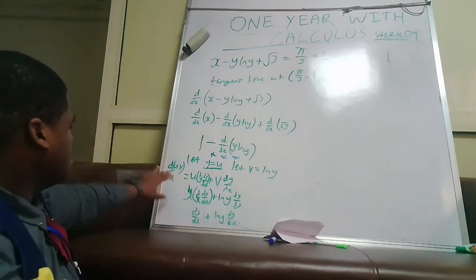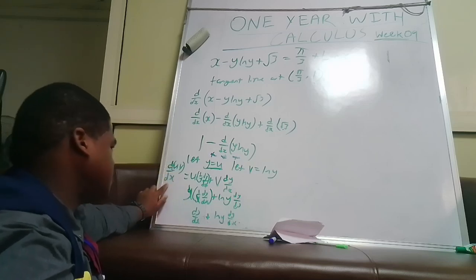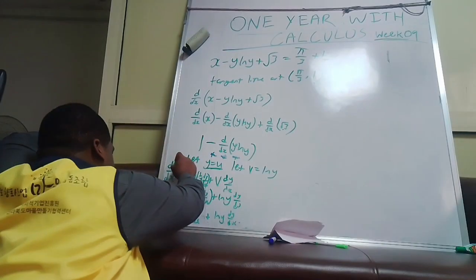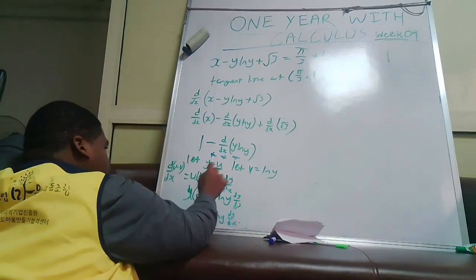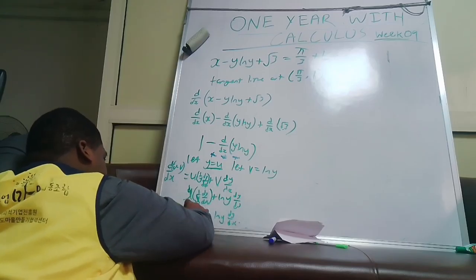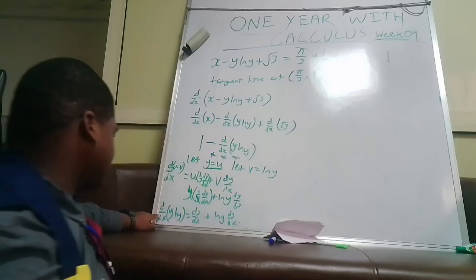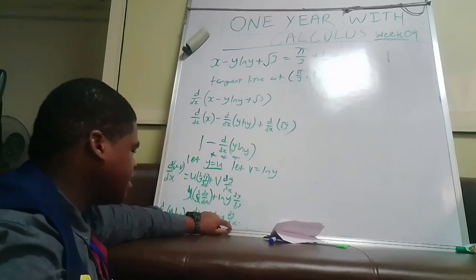Since we are looking for the derivative of u times v versus x, you can now put in your value for u and v here also. The derivative versus x, u is equal to y and v is equal to ln y. So the derivative of y ln y with respect to x is equal to dy over dx plus ln y times dy over dx.